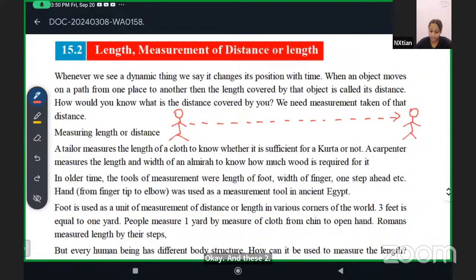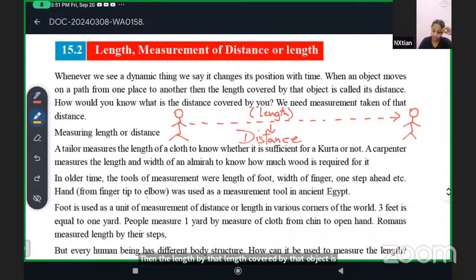So this is the length that this person covered, which is known as distance. When an object moves on a path from one place to another, the length covered by that object is called distance.